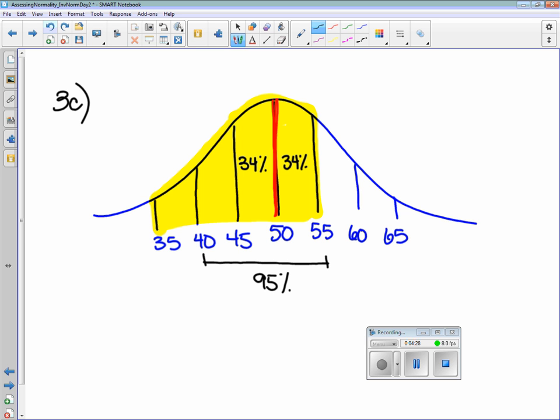Agreed? 40 and 60, I'm sorry. That didn't go far enough. So within 2 standard deviations, we're at 95%. Good. And we're going to subtract off the 68, which gives us what? And we're only going to do one of them, because we're going to do half of that, correct? I don't know, I'm just asking.